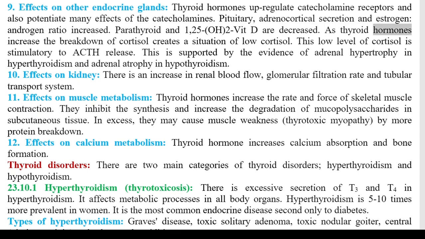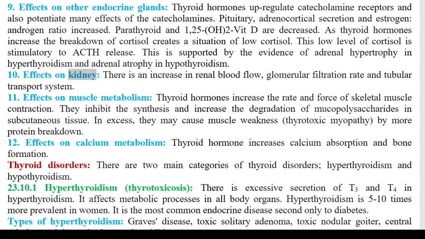As thyroid hormones increase, the breakdown of cortisol creates a situation of low cortisol. This low level of cortisol is stimulatory to ACTH release. This is supported by the evidence of adrenal hypertrophy in hyperthyroidism and adrenal atrophy in hypothyroidism.